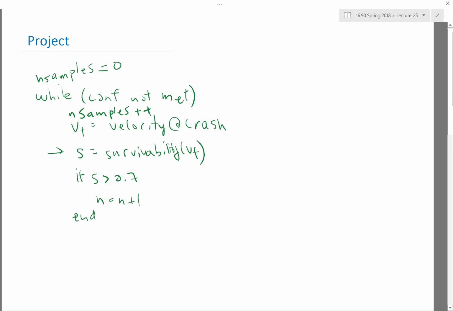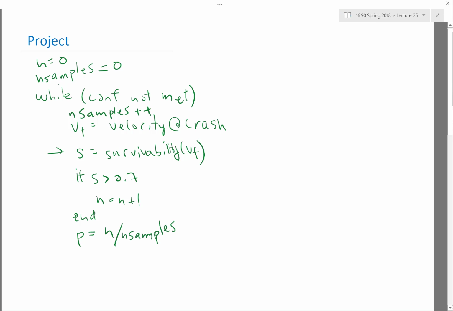I incremented by 1, and what would be the probability? It'd be n over n samples, where n starts at 0.